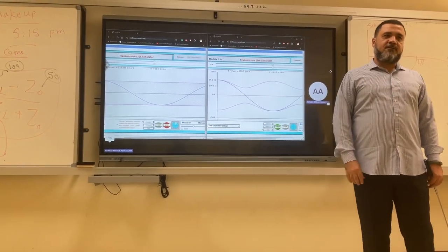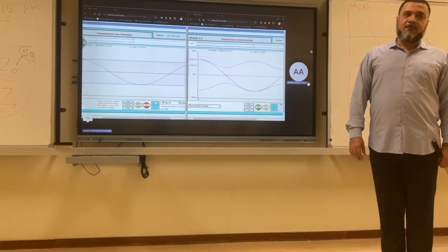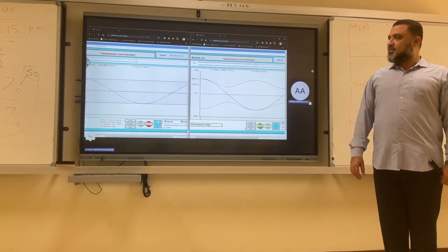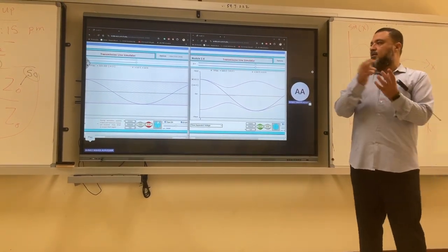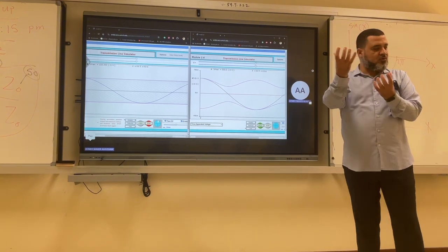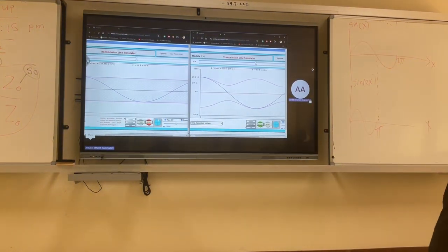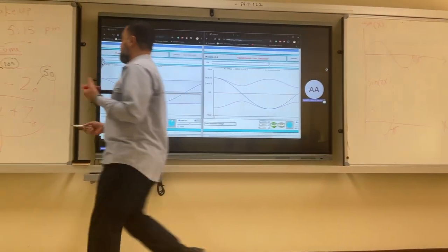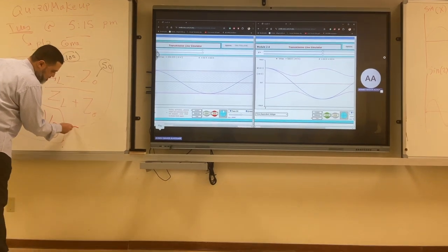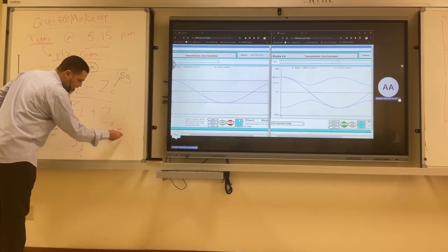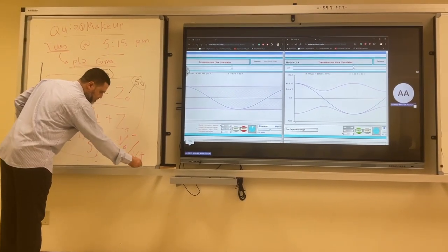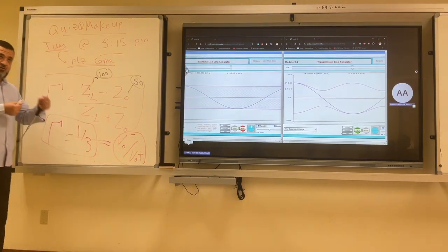If gamma has a complex value, what does that mean? It means there is a phase difference between the two signals, V0 positive and V0 negative, because this is the ratio between the reflected wave and the incident wave at the load location only.